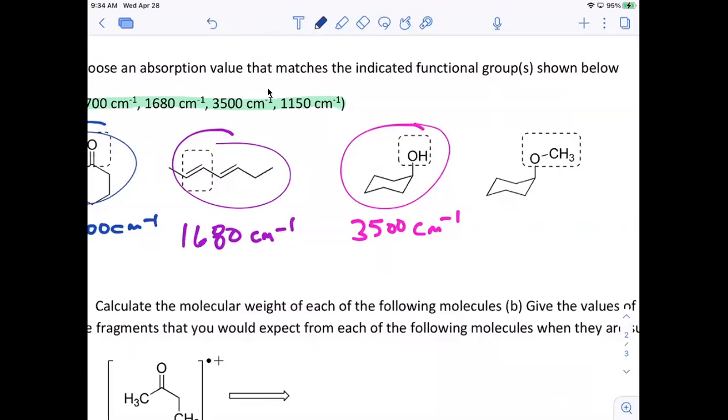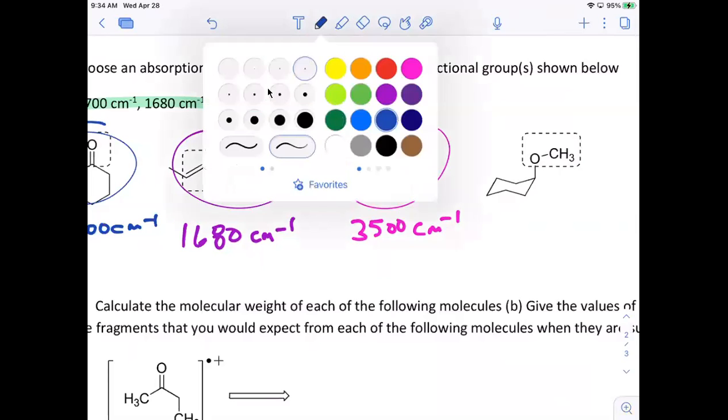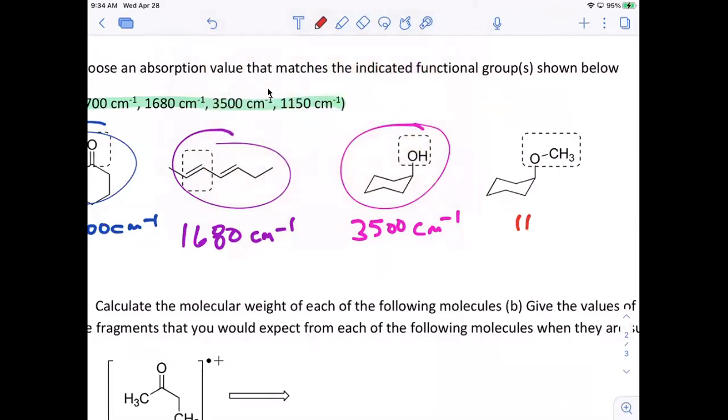We only have one left, right? It's going to be at 1150. That CO single bond stretch is always somewhere between about 1,000 and 1,200.